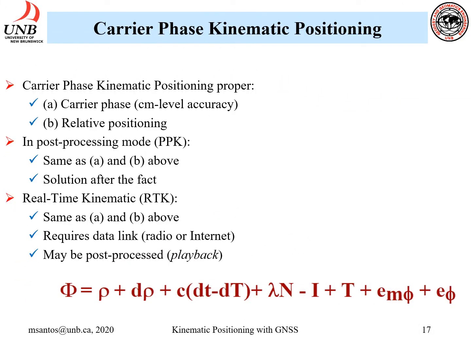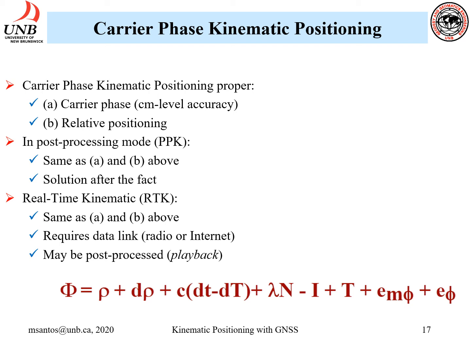We have already seen that there is one way of positioning using carrier phase. That's precise point positioning, in which we use only one receiver. Now we are going to talk about the use of 2 or more receivers with carrier phase kinematic.